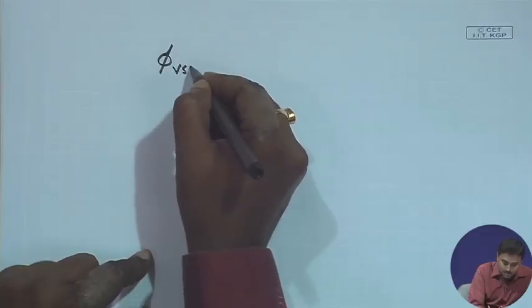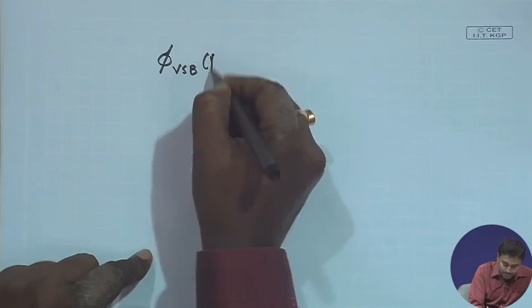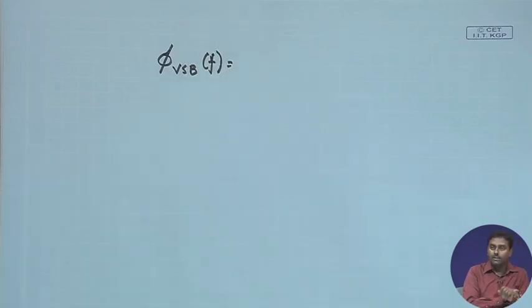Basically what we are trying to do is something like this. Again we will employ the same SSB technique. We will appreciate it in the frequency domain and then go back to the time domain characteristics.